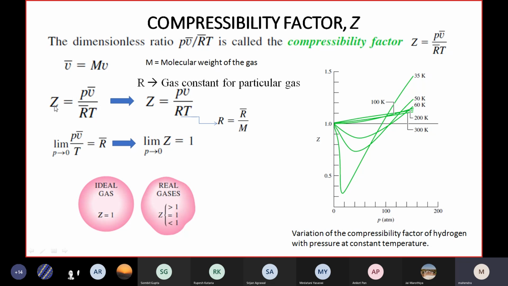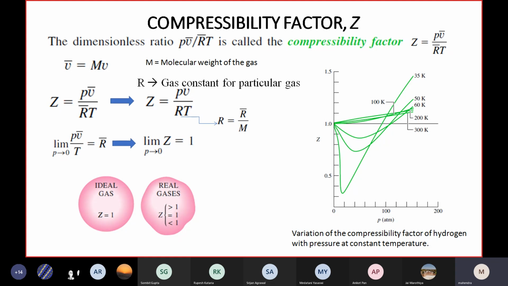Whenever the compressibility factor of a certain gas is equal to 1, that gas we will consider as an ideal gas. If the compressibility factor Z of a certain gas is above 1 or below 1, those we are considering as real gas.